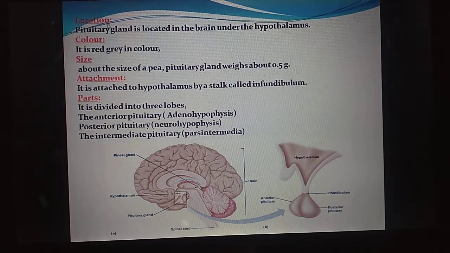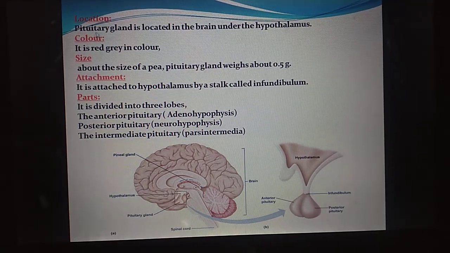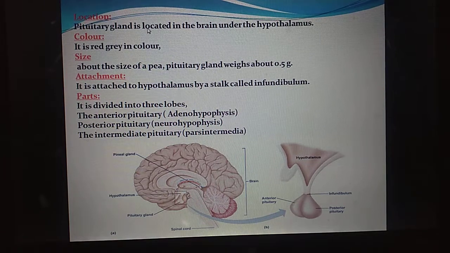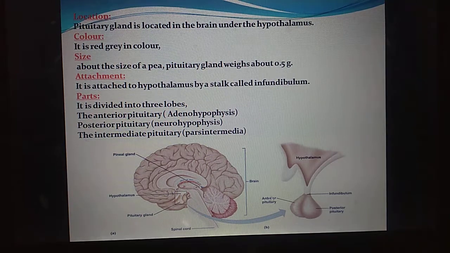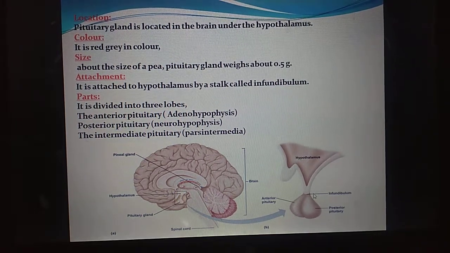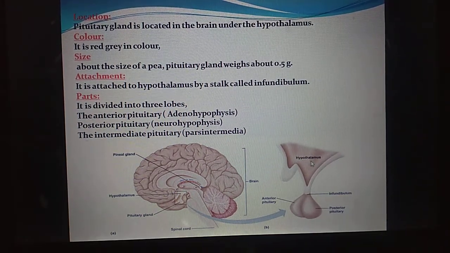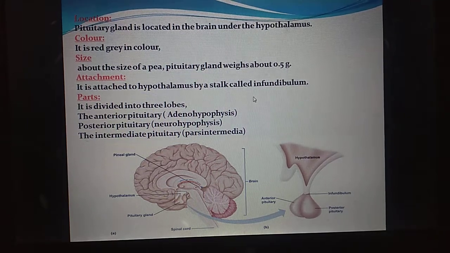First of all, we have to talk about where it is located. The pituitary gland is located in the brain under the hypothalamus. Let's see here. This is the hypothalamus and this is the pituitary. So it lies just below the hypothalamus, right?